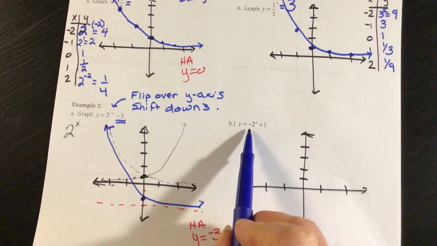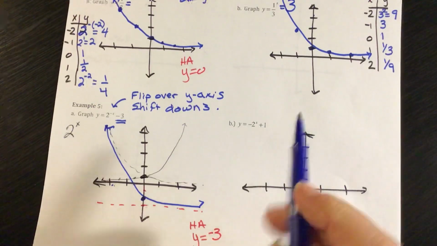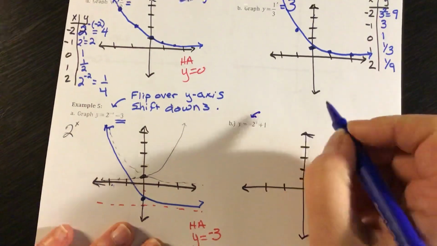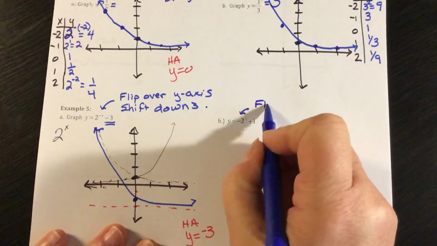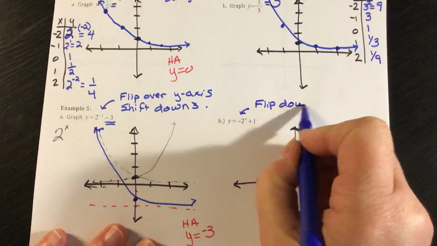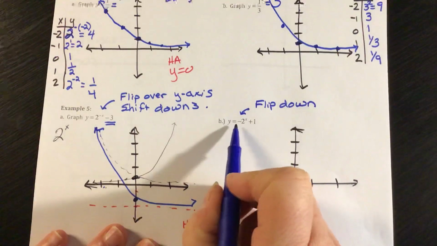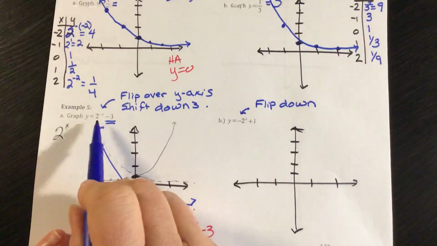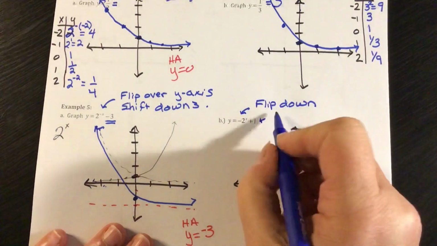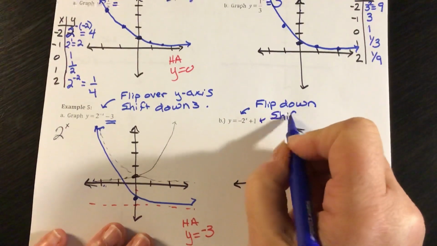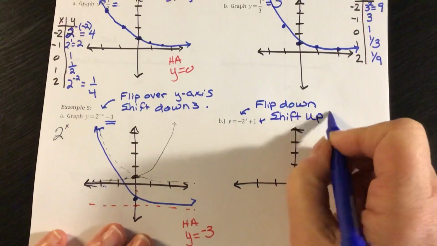Now this one tells me I have a negative here, and this is going to flip down because it's in front of the 2 instead of in the exponent. And this part tells me here that I'm going to shift up 1.